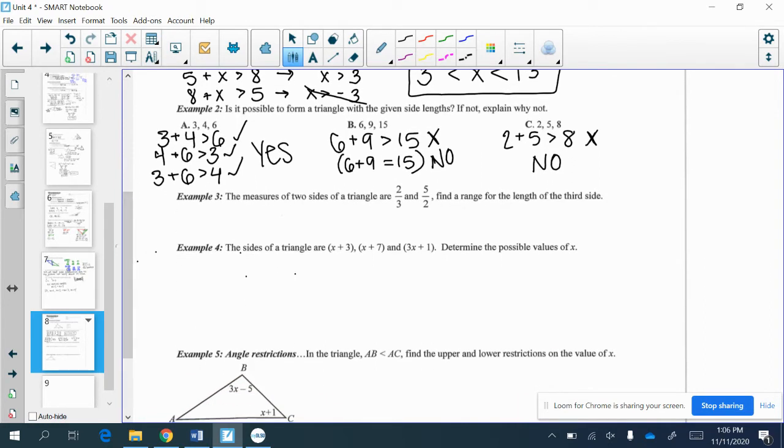The measures of two sides of a triangle are 2/3 and 5/2. Find a range for the length of the third side. So again, our third side, x. 2/3 plus x has to be greater than 5/2.